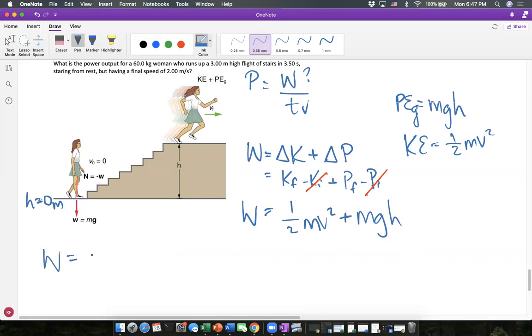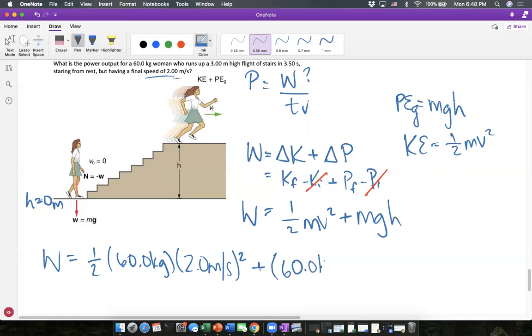Work equals 1/2 times her mass, which is 60 kilograms, times her velocity, her final speed, which is 2 meters per second, squared, plus her mass, again 60 kilograms, times g, which is 9.8 meters per second squared, times the height at which she moved up the stairs, which is 3 meters.